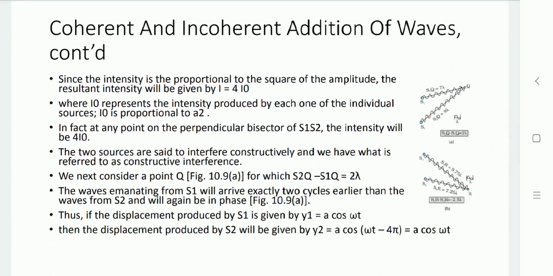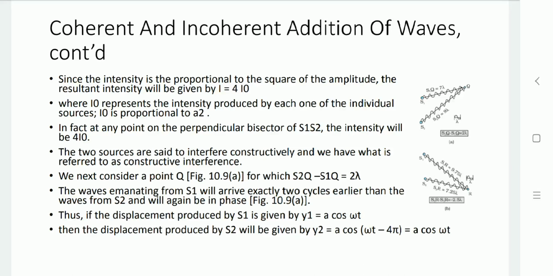So the resultant intensity I is equal to 4I0, where I0 is the intensity produced by an individual source, and I0 is proportional to A squared. So if we take the bisector of S1 S2, then the intensity will be 4I0. The two sources interfere constructively, and this is referred to as constructive interference.